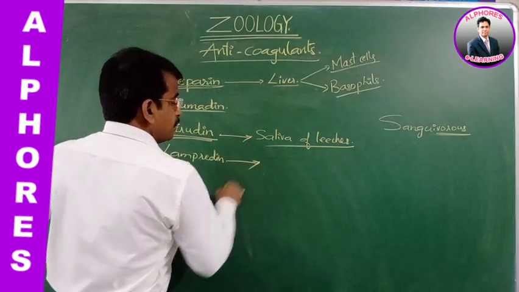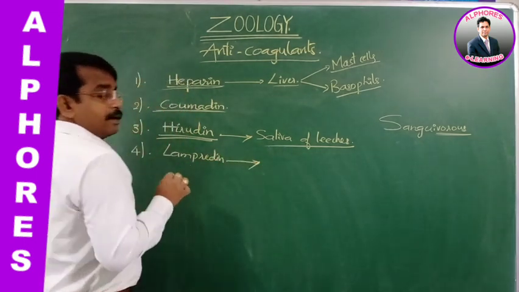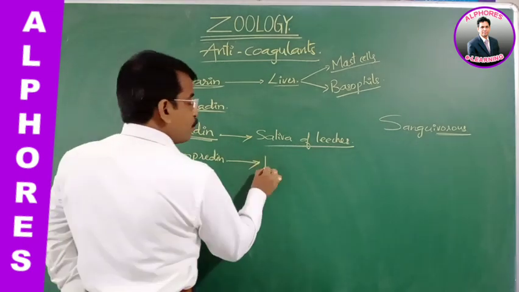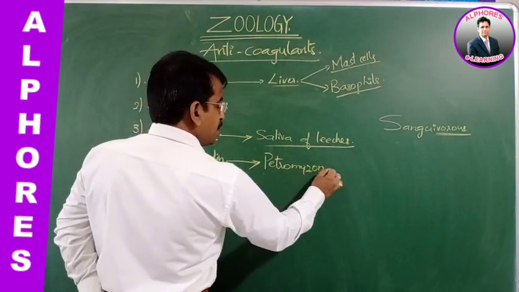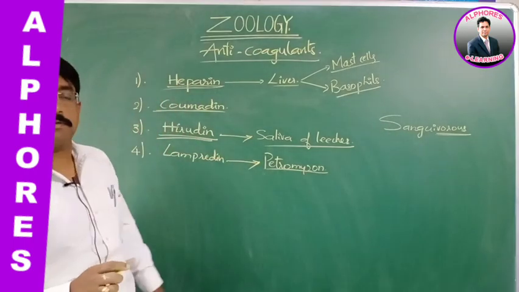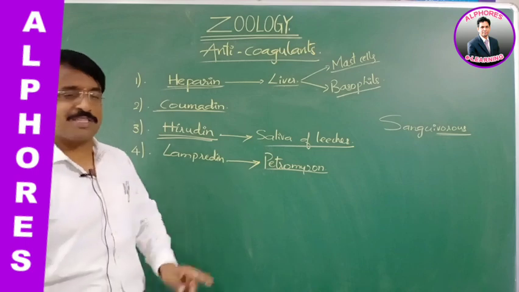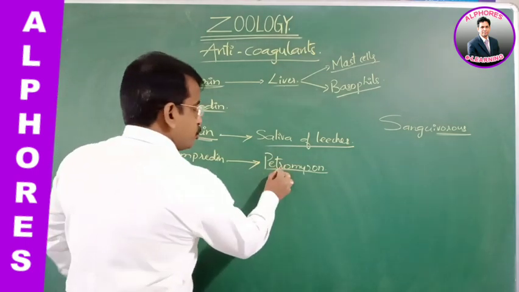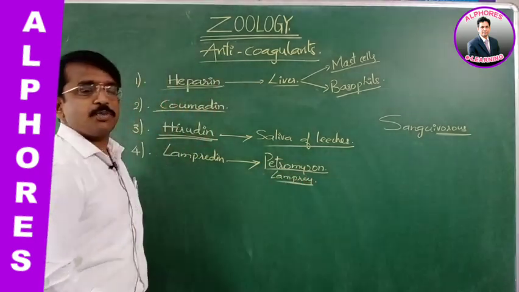Next, lampredin. Lampredin is secreted by a cyclostome, the lamprey, Petromyzon. Petromyzon we have already learned in first year, under Cyclostomata. Agnathans are cyclostomes, extant jawless members. Petromyzon, also named the lamprey, is also sanguivorous.